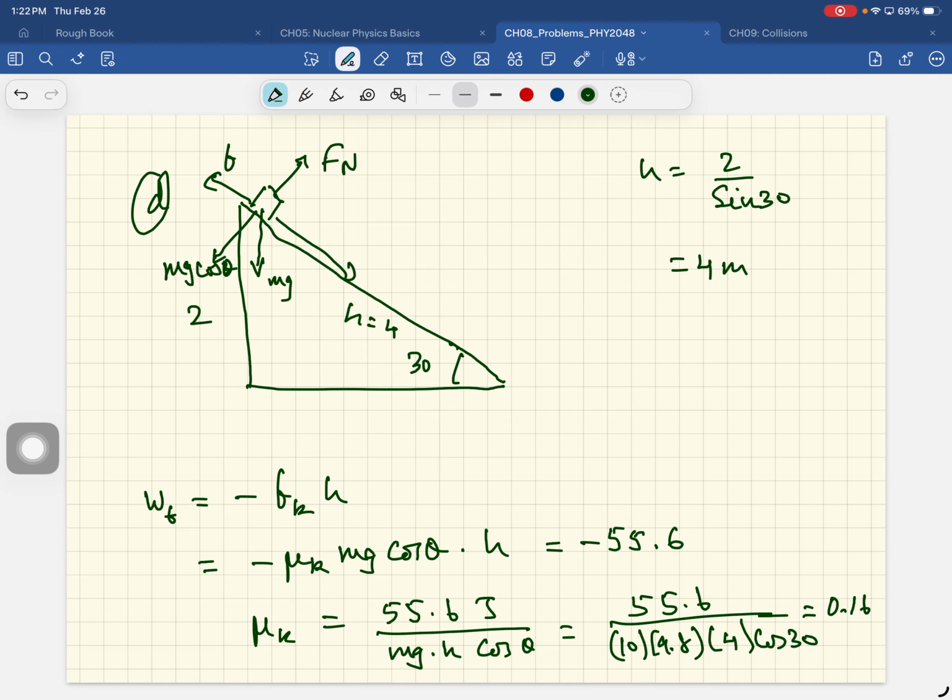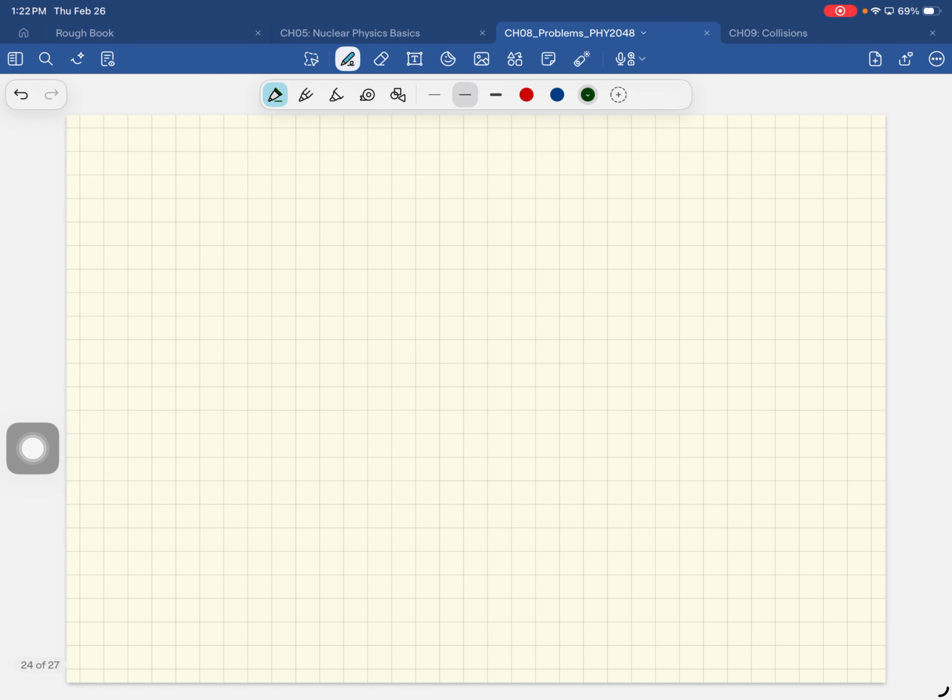So that is 0.16, and then you can use that to calculate how far back up it goes. All right, I'll quickly calculate that.